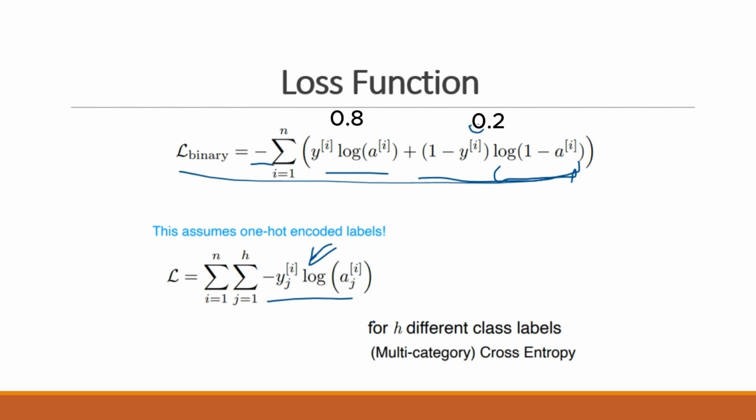We write this as the sum, but for binary classification it's basically the sum between these two terms. So it's essentially exactly the same thing, but by writing it like this, using the one hot encoding, we can generalize this to more than two classes. I hope you get that.